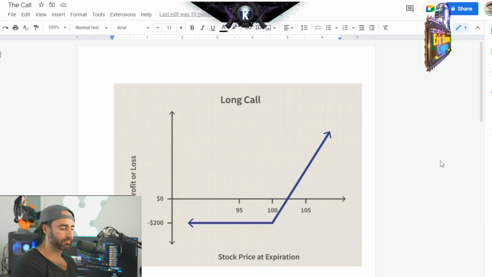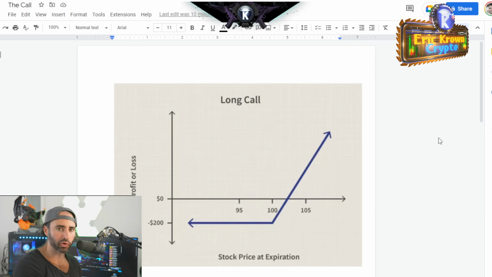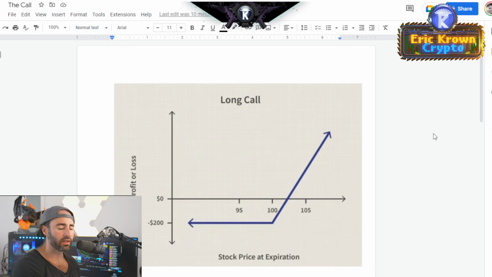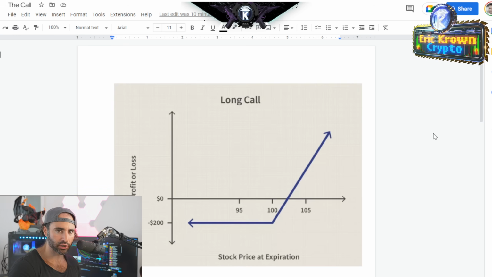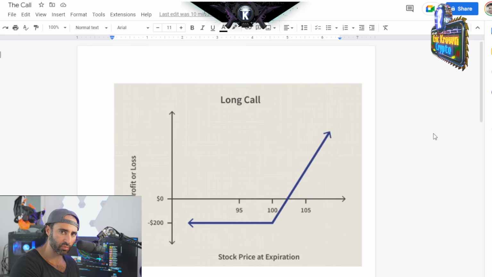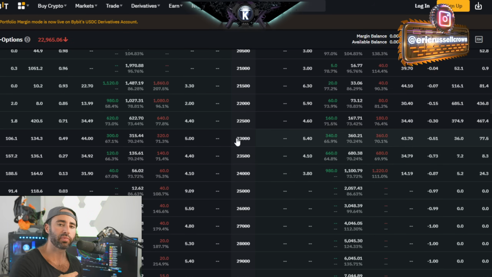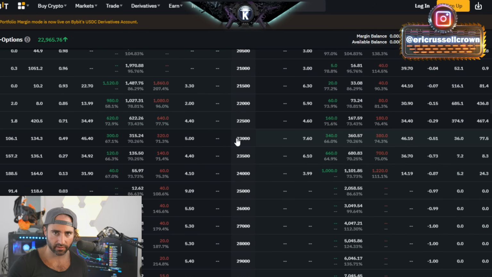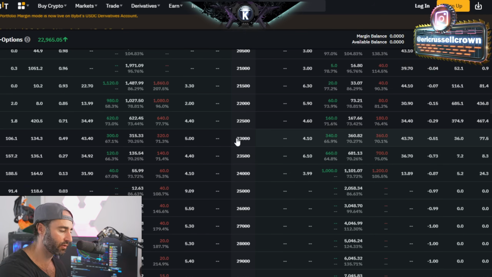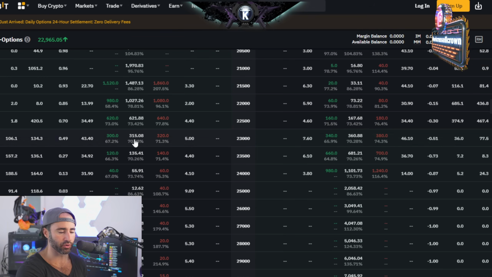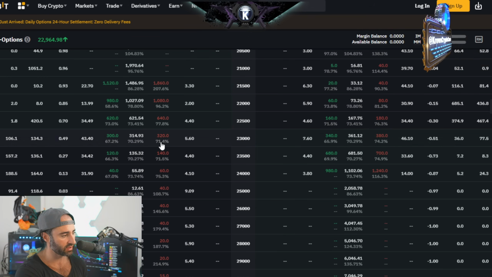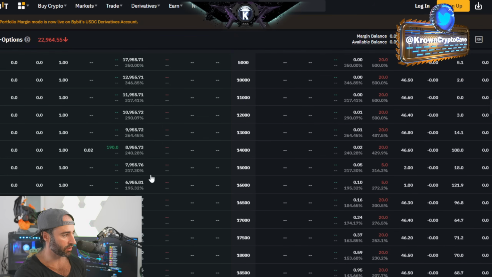But basically, when you are long a call option, you essentially need price to go above the strike price that you chose. In this case, we would say $23,000 plus the premium paid for that option. The premium that you pay for the option is just the price that you buy the option for in this case. As you can see here, if we go, and let me just double check.